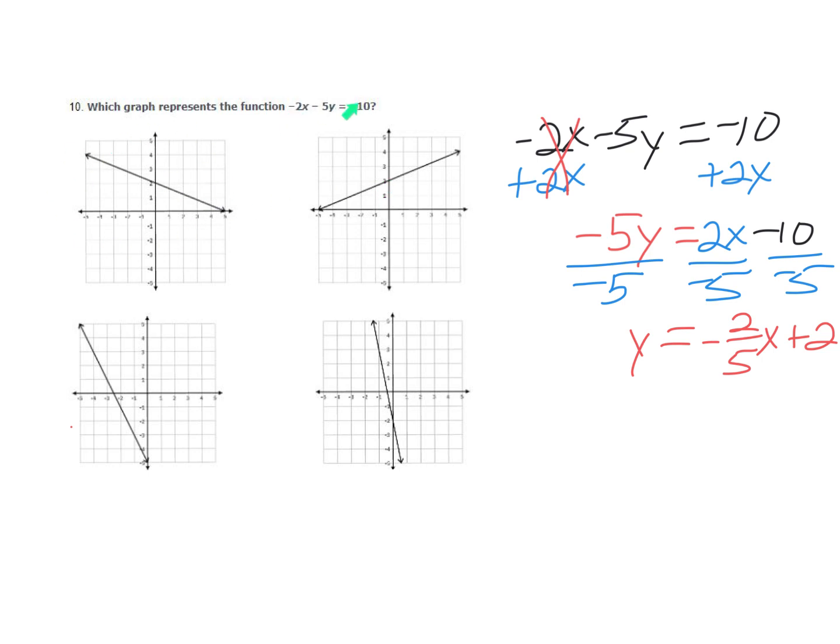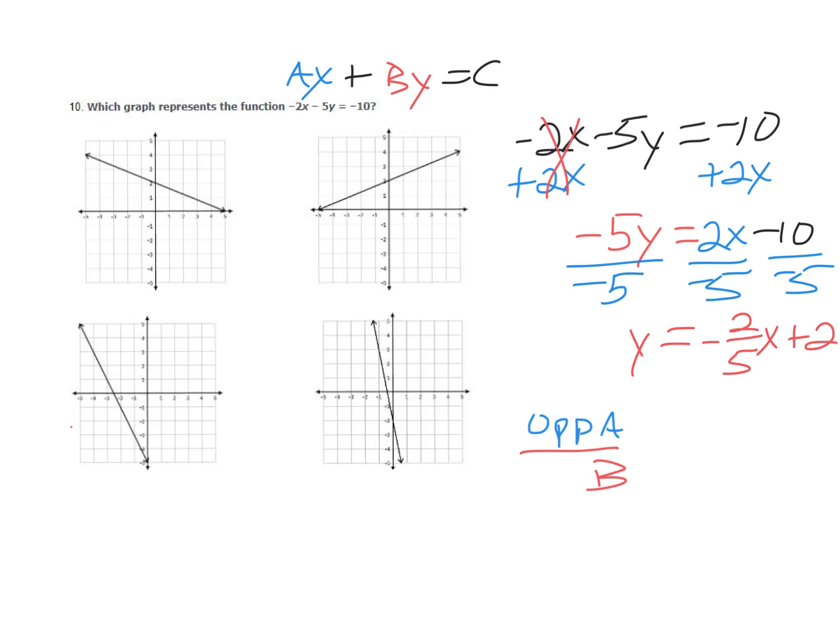Now, just real quick, I want to remind you that I taught you that when you have standard form equations, you can simply find the slope by taking the opposite of A divided by B. And remember, I said that this equation is in AX plus BY equals C form.